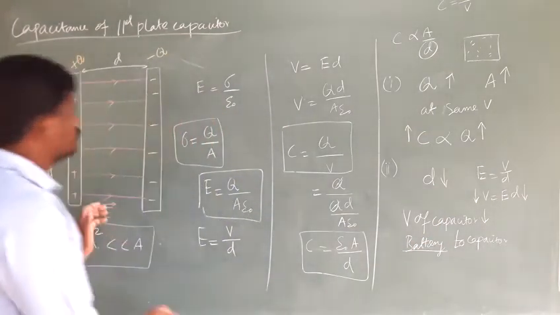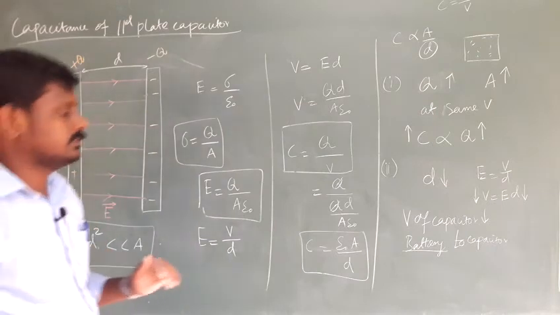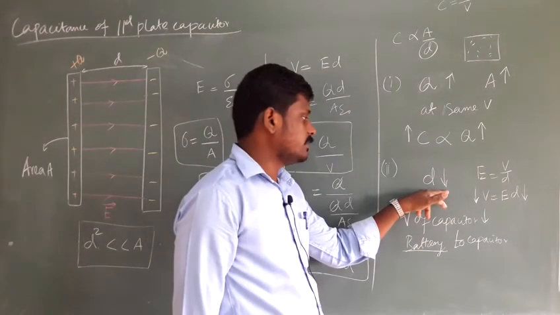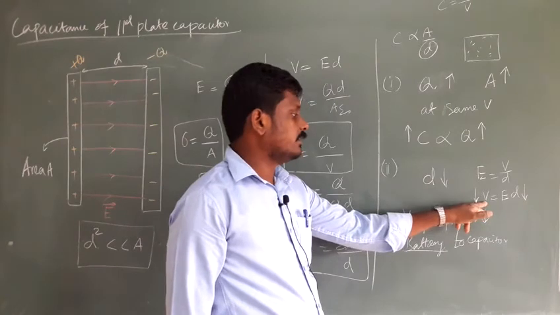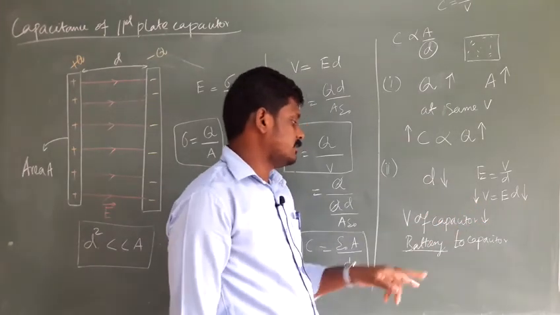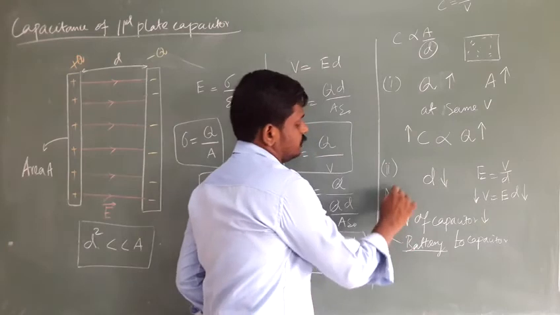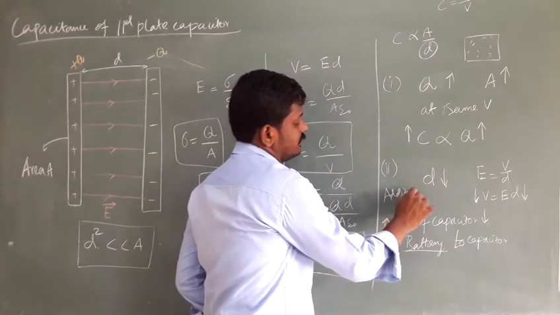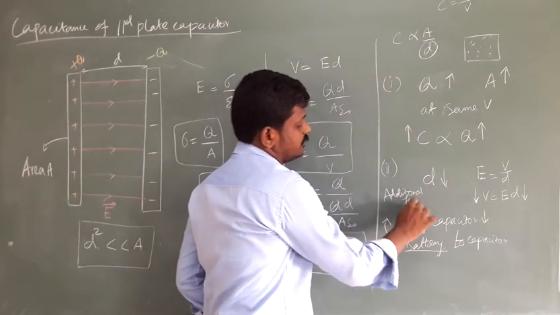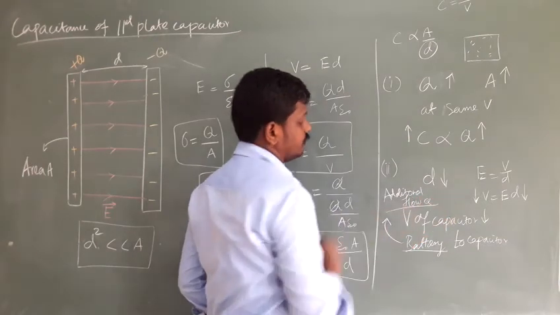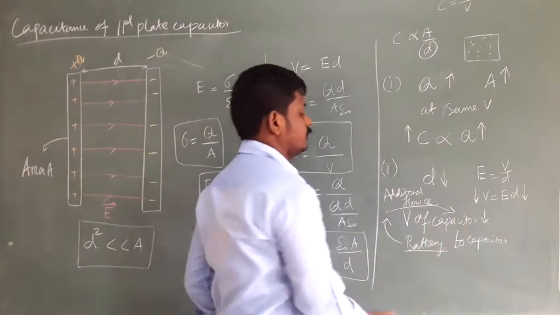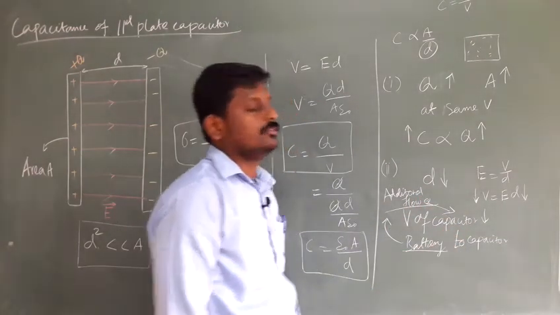So C is inversely proportional to D. So distance decreases, potential value decreases. To balance this, there is an additional flow of charge, that is the main point. So additional flow of charge to the capacitor. So Q increases, capacitance value increases.